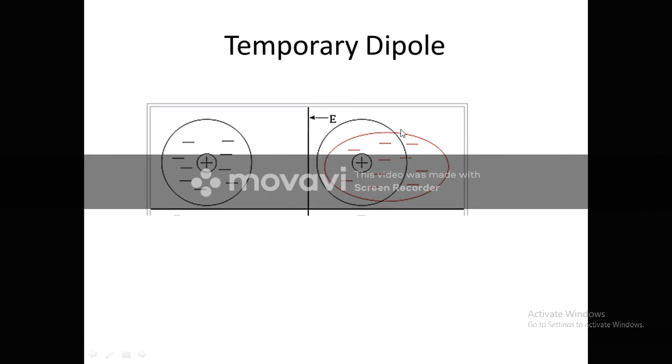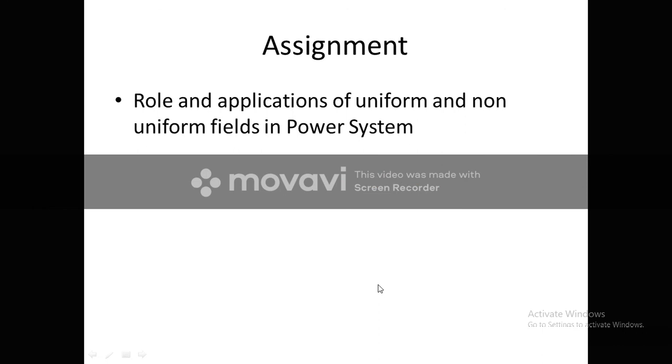So a dipole will be created with the application of the external electric field, but when the field is removed, what would happen? It goes back to its original structure, just like that. So that is why these are called temporary dipoles. These are not permanent dipoles.